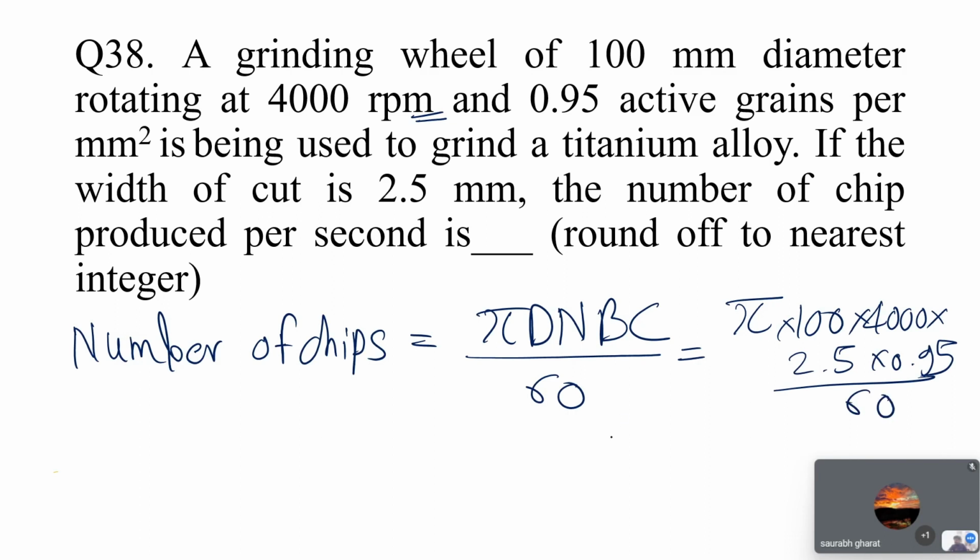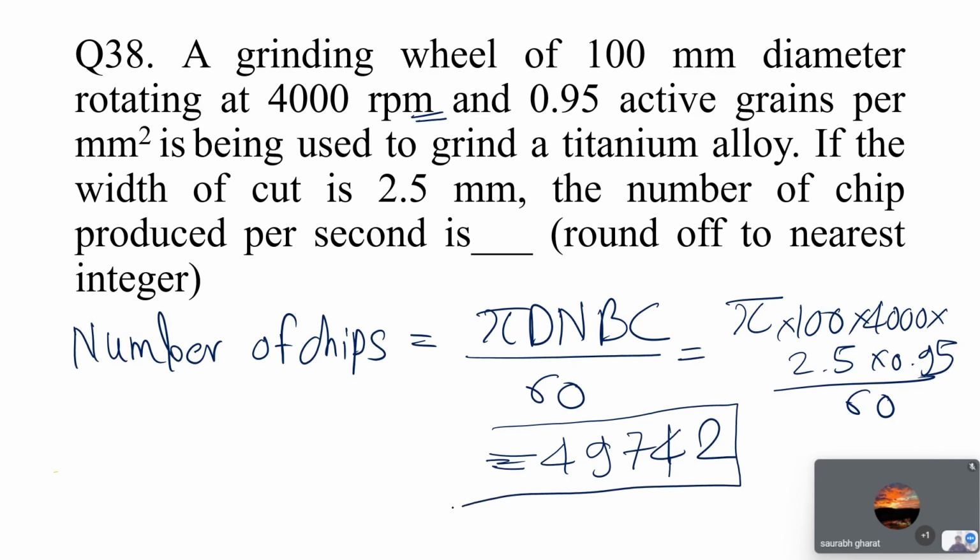So your answer is 49742. So this is the number of chips per second actually generated in grinding.